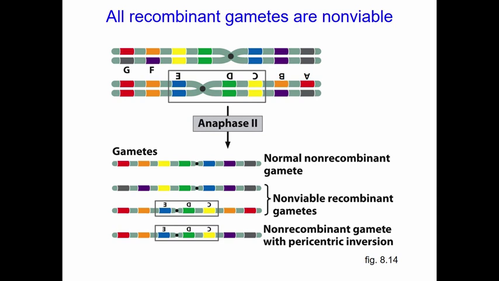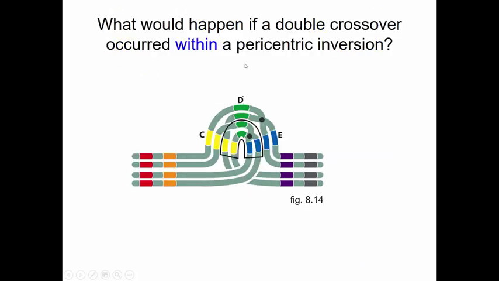If you get recombination taking place over here, or a double recombination in the middle, nothing's going to happen. You're going to be just fine. Any swapping of the red and orange parts is going to be equal. Any swapping of the purple and gray parts over here is going to be equal.